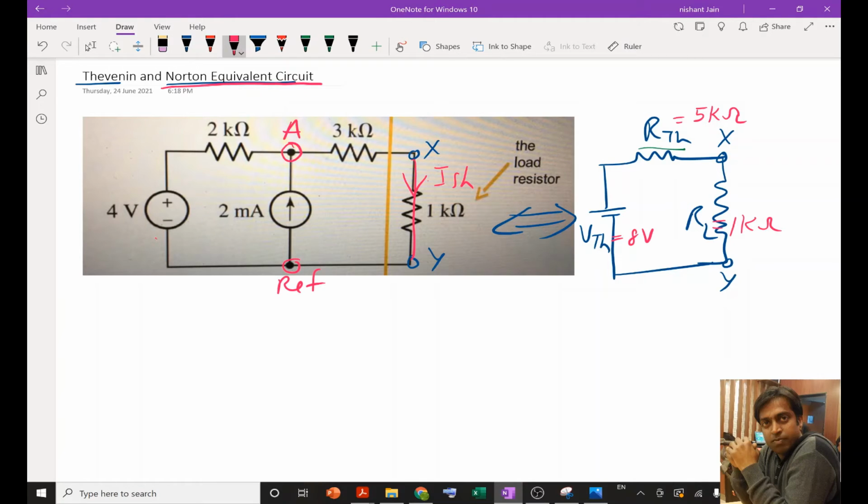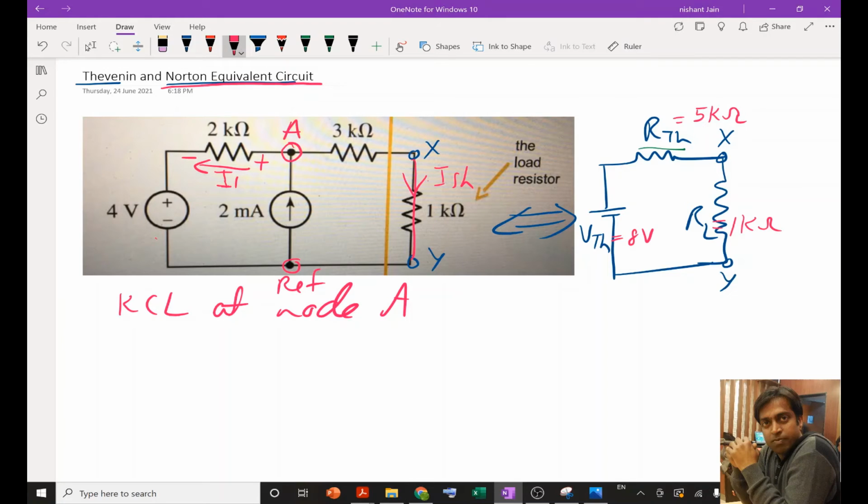So if I now apply KCL at node A, let me assume that the current through this is I1 and it is flowing from node A towards the reference node. So I will get plus and minus over here.